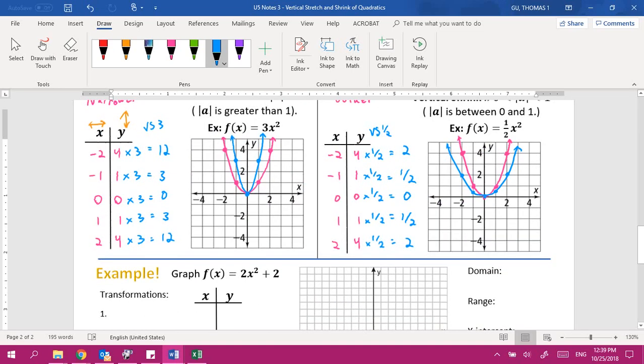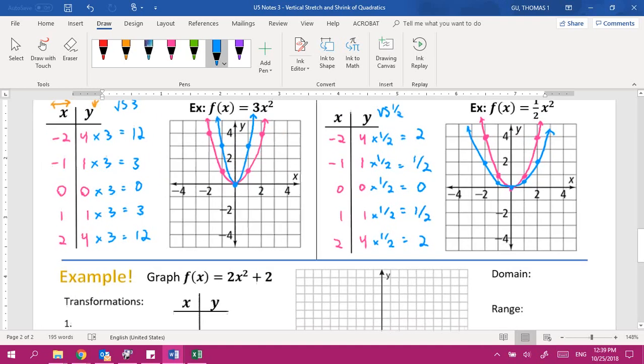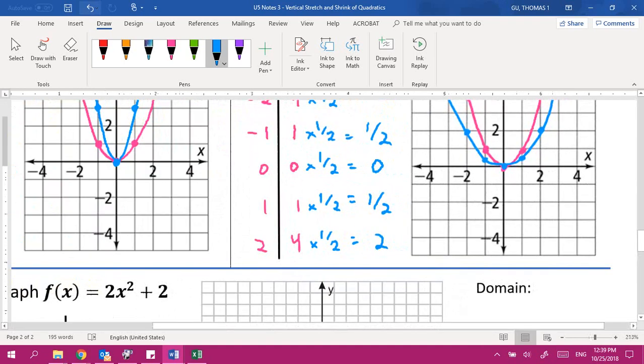You see this point right here? Yeah, that's between the 0 and the 1. It's not actually on a line.